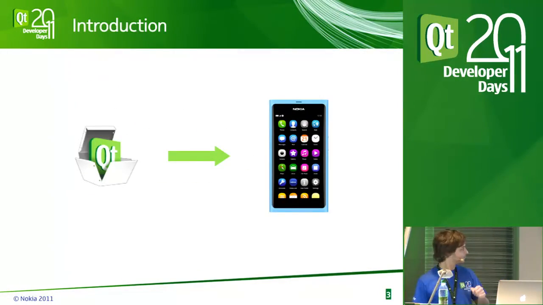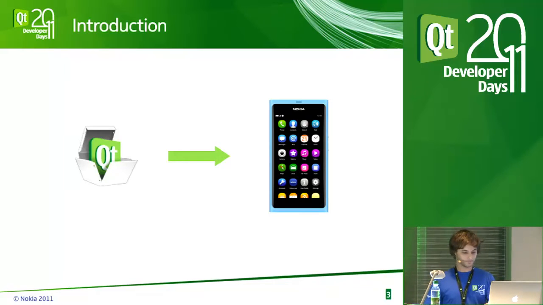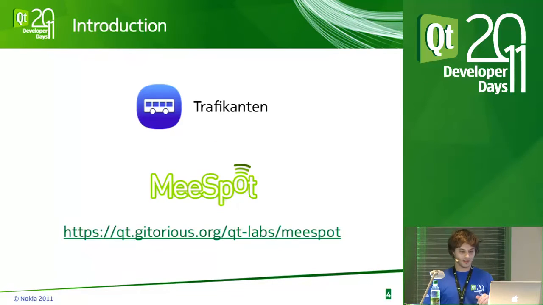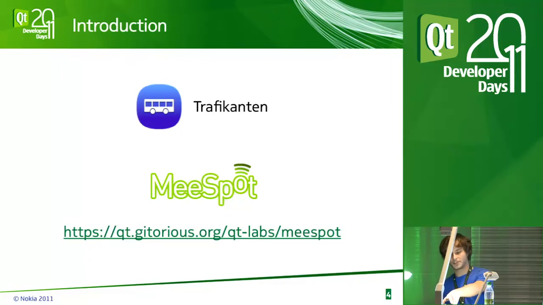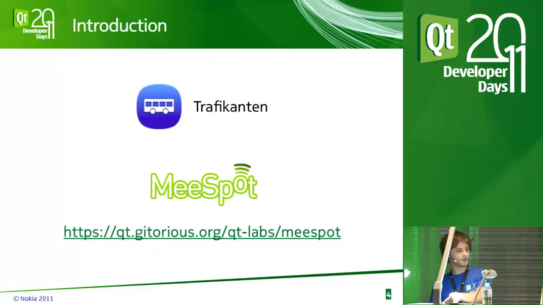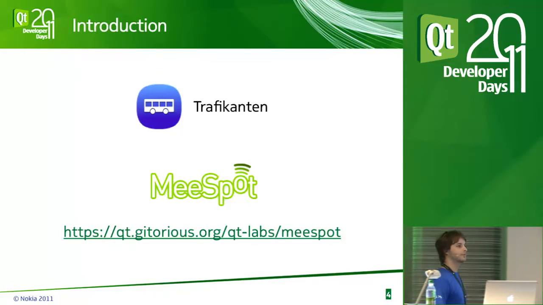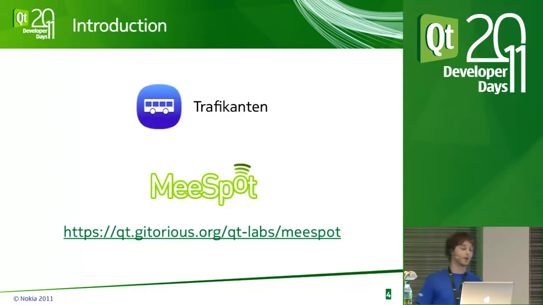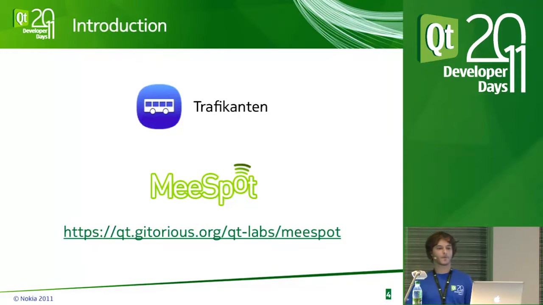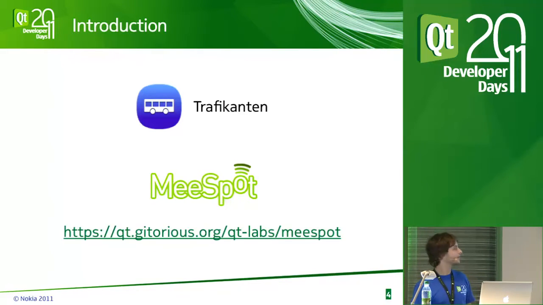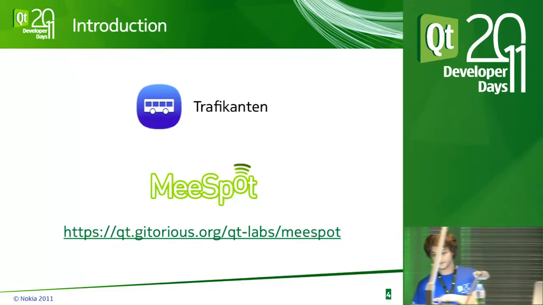So as I said, I will show you how to make an app for this phone. I have myself some experience making apps for this phone. So far, I made 2 applications, both on the Nokia Store. The first one is called Trafikanten. I can show it to you.